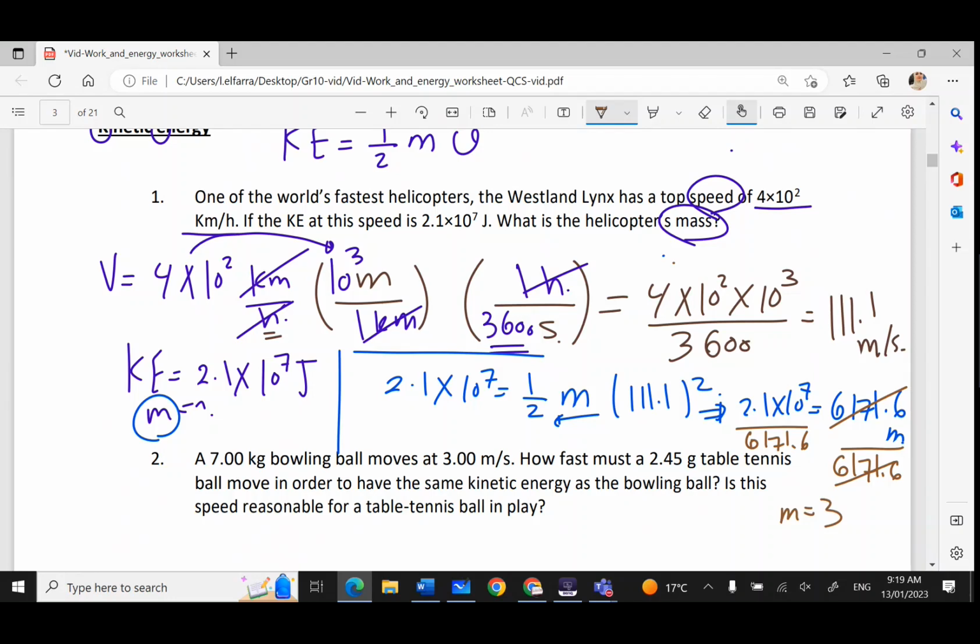So let's do it here on the calculator. 2.1 times 10 to the power 7 divided by this one. 3,402 kilograms. Don't forget the unit, kilograms.